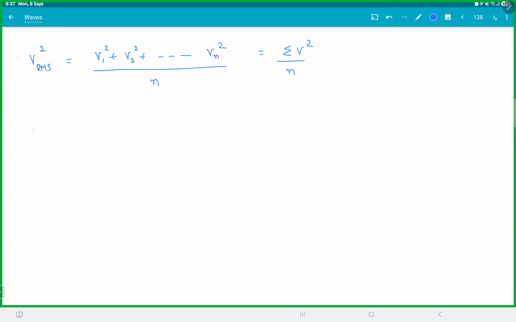Now when you take a mixture, see, in the mixture we have two different molecules. So if you take V1 square, V2 square, and so on till Vn square, let's say this is for oxygen.